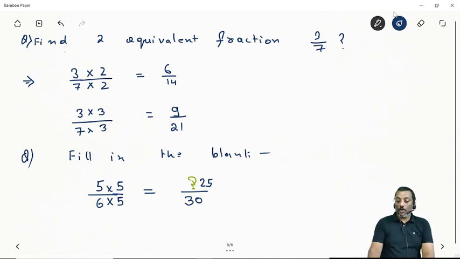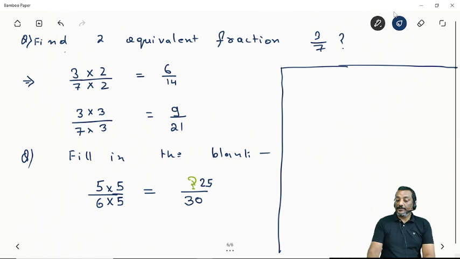Okay, questions. Now here I am giving you one question. Everyone, kindly try this one, and you can also put the answer in the comment section. Find the equivalent fraction. Your fraction is 7 over 9, and the options are: A, 21 over 36.